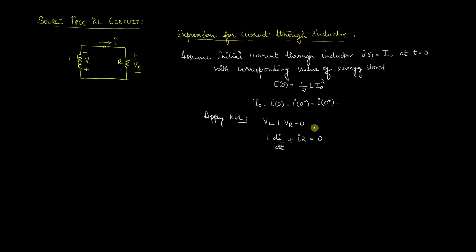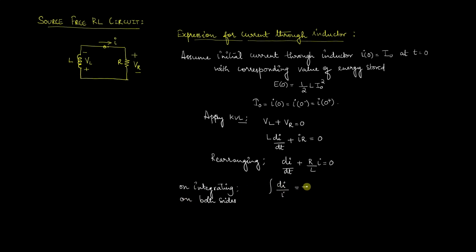In a similar fashion like we have done for RC circuit, let us rearrange this and then apply integration. di by dt plus R by L into I is equal to 0. This can be further rearranged and integrated on both the sides. di by I is equal to minus R by L dt.